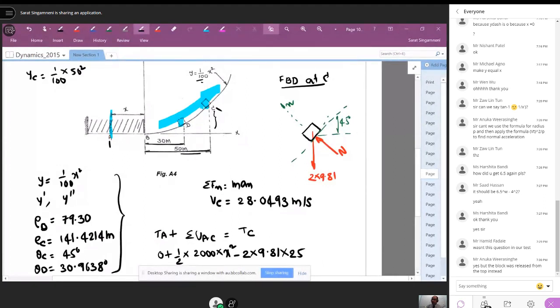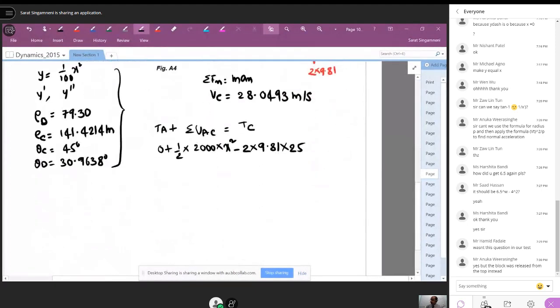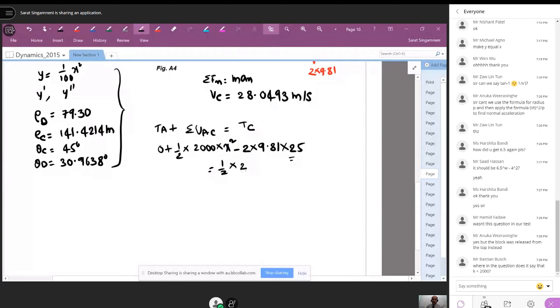When you do that, you will get yc as 25 because at C it has that height, is equal to half times the kinetic energy, 2 times, what was the velocity? Yeah, 2 times 28.0493 square.